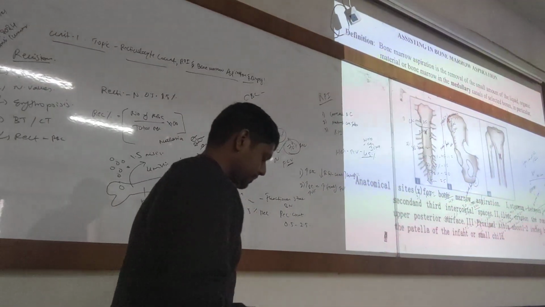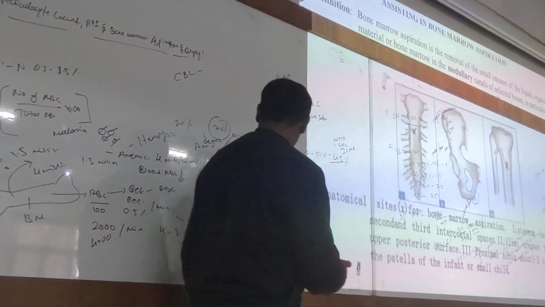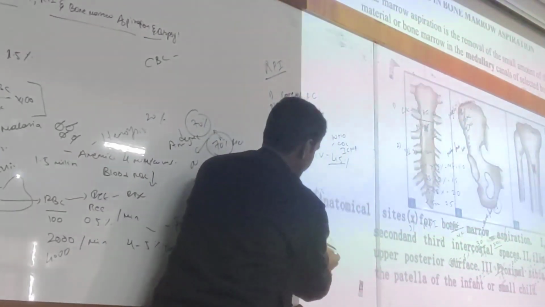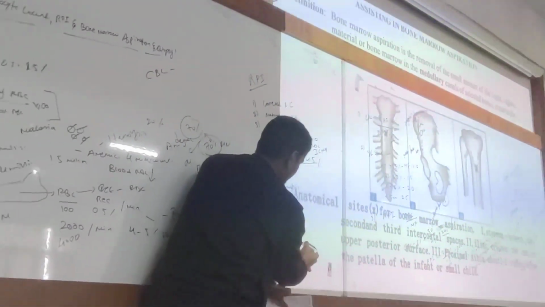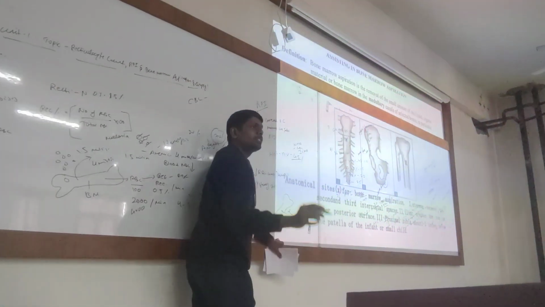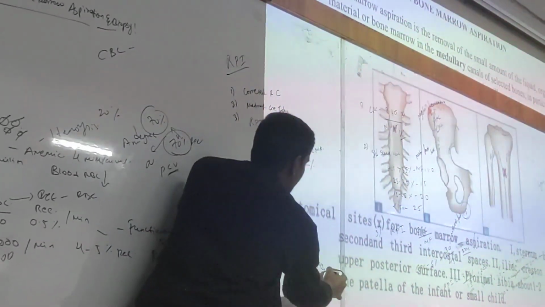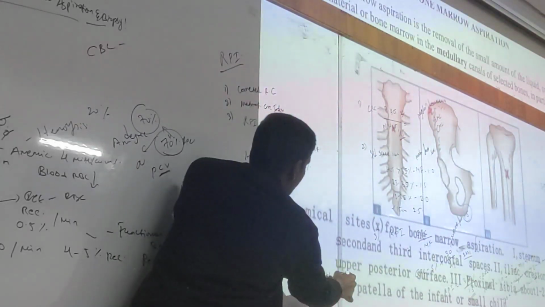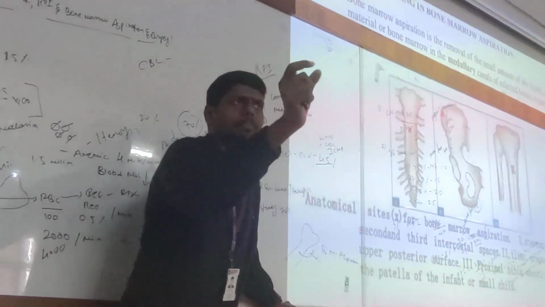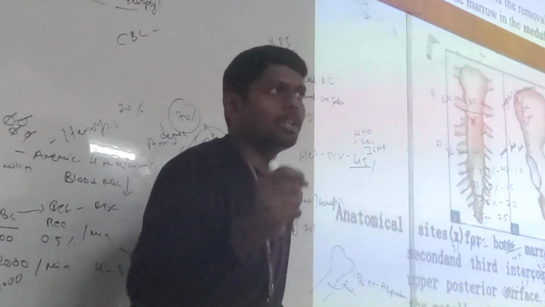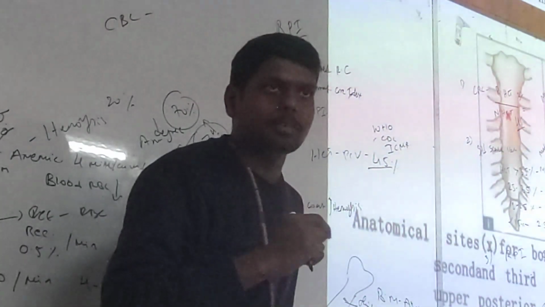Okay. Now, if you are collecting fluid from the bone marrow, that technique is called bone marrow aspiration. If you are collecting fluid from the bone marrow, that means blood from the bone marrow, that is called bone marrow aspiration.